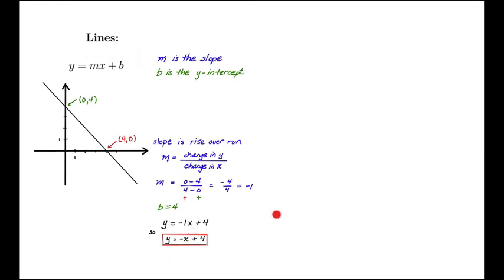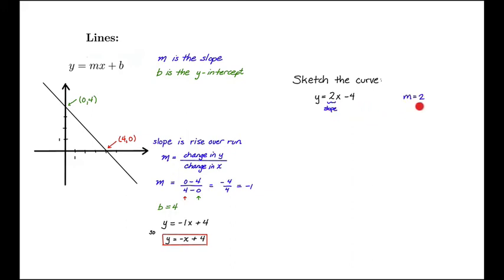Now, let's consider sketching the graph of a line. So we're going to sketch a curve, and it's going to be the line y equals 2x minus 4. Again, we need to determine our two values, the slope and the intercept. We see that the slope is the coefficient of our x component.